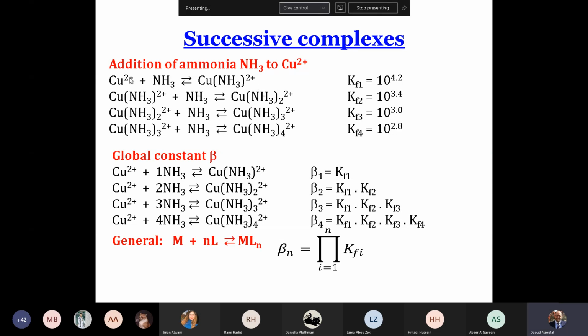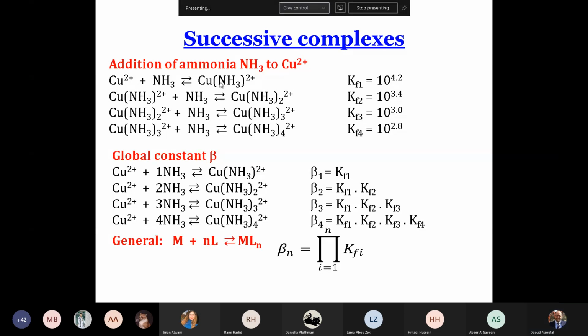Cu2 plus has 2 plus charge. So when we make the bond between Cu and NH3, we should obtain the total charge of the complex, 2 plus. Or the student can say that the charges in the reactants should be equal to the charges of the product. So in the reactants we have 2 plus, in the product we should have 2 plus. This is the first type of complex or the first complexation.